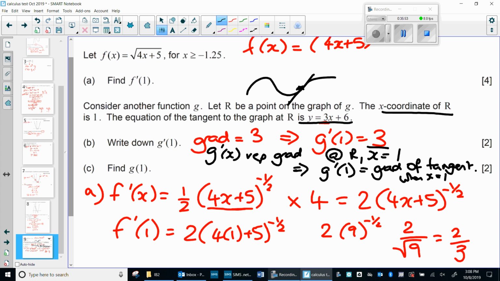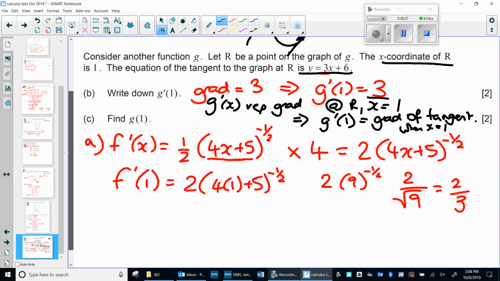G'(1) tells us the gradient at the point, but since I know the equation of the tangent, if I substitute this value into this equation, that must give me the coordinate that it goes through.